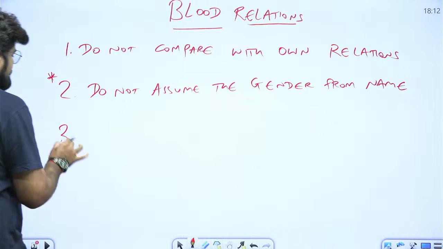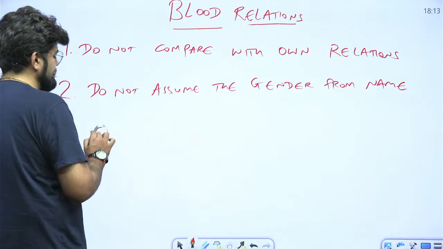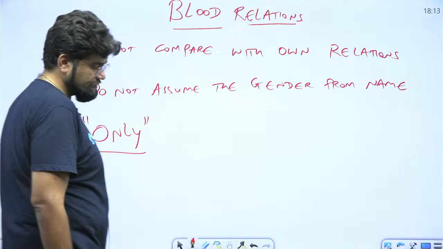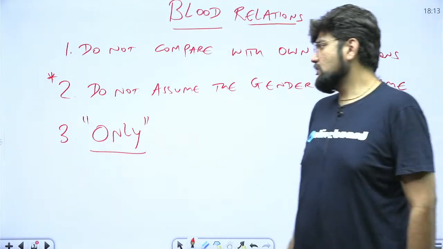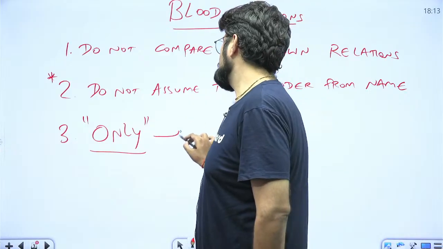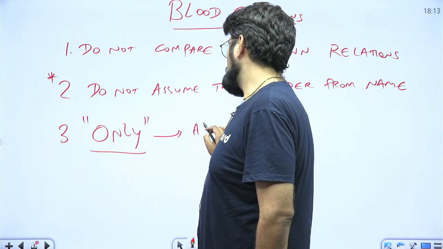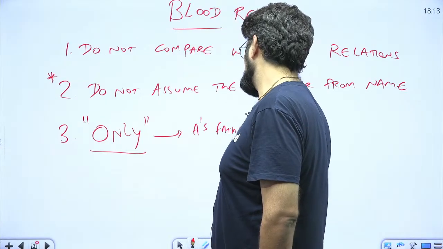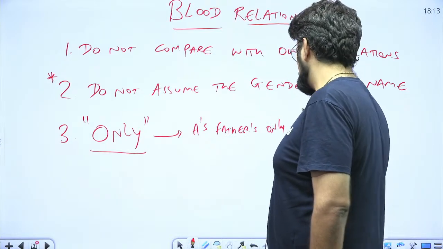Point number three. Point number three tells me that if I am using the word only, I have to be slightly cautious. In what sense? If I am saying A's father's only son, there is a possibility we are talking about A only.